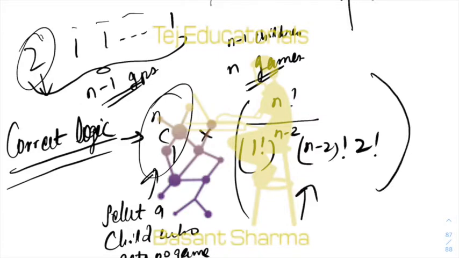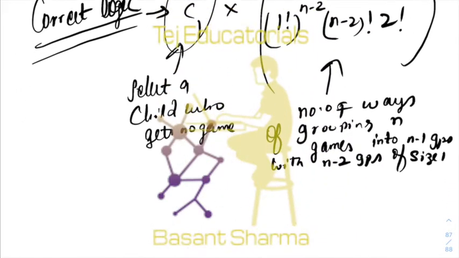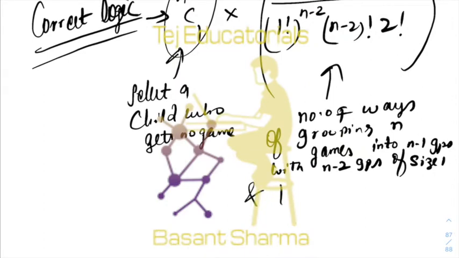This is the number of ways of grouping n games into n minus 1 groups with n minus 2 groups of size 1 and 1 group of size 2.